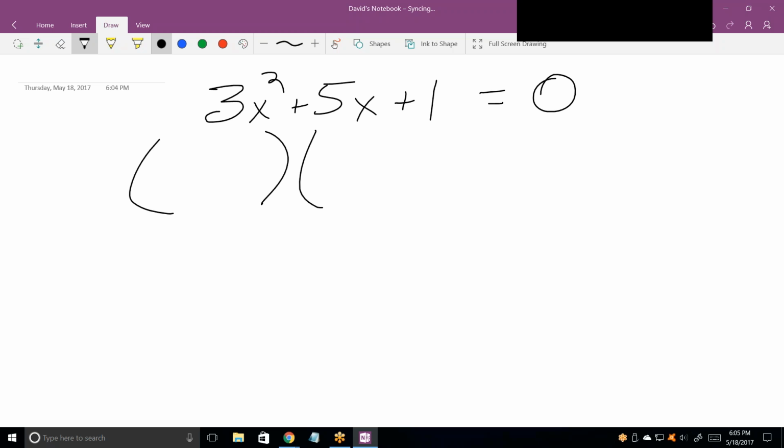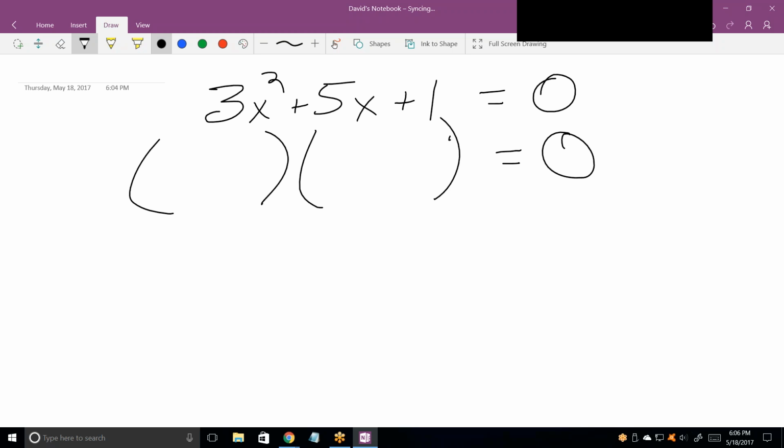Now, whenever you have a quadratic, there's always kind of a question as to how much time you should spend trying to factor it. Let's give it one shot at least. If it doesn't work, there's only one set of factors for the number 3, and there's only one set of factors for the number 1. So there's not going to be a lot of energy wasted here trying to factor this. And the moment we realize that we cannot factor it, then we go to the quadratic formula.